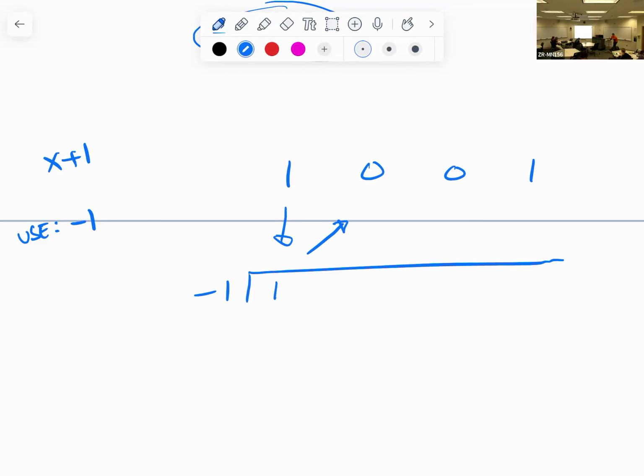What goes right here? -1 times 1 is -1. What goes here? 0 plus -1 is -1.